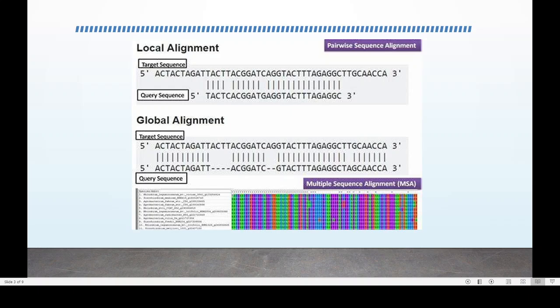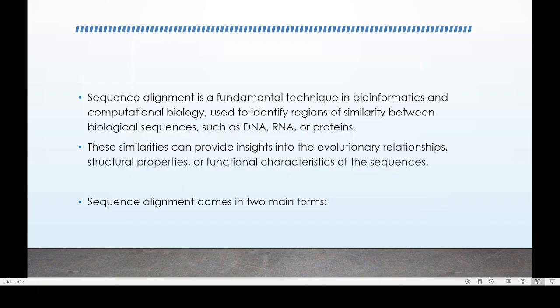Now we compare them, and we find nearly 75% similarity between the first sequence and the second sequence. So that kind of understanding is what we obtain from sequence alignment. We learn whether two sequences or two species are evolutionarily related to each other.